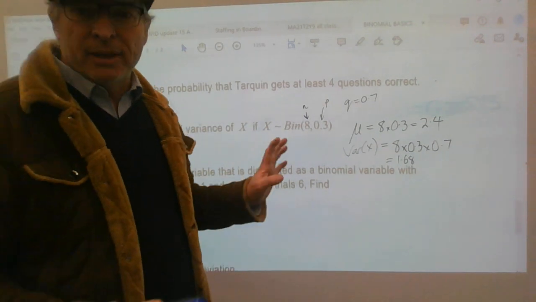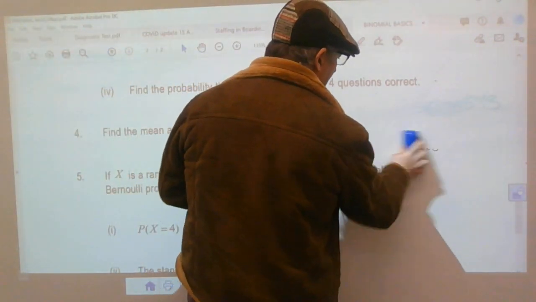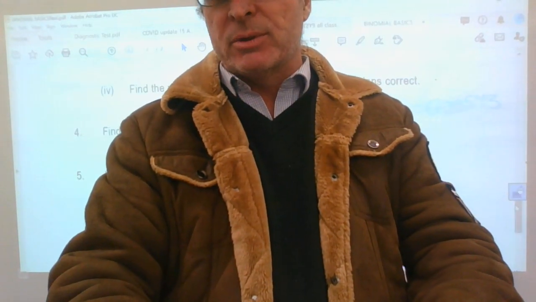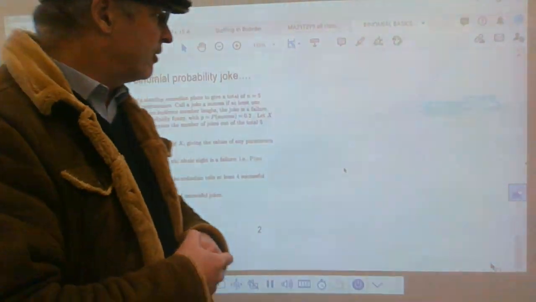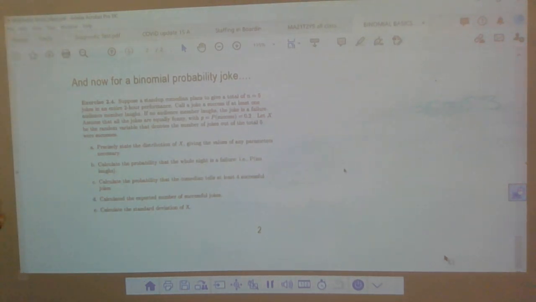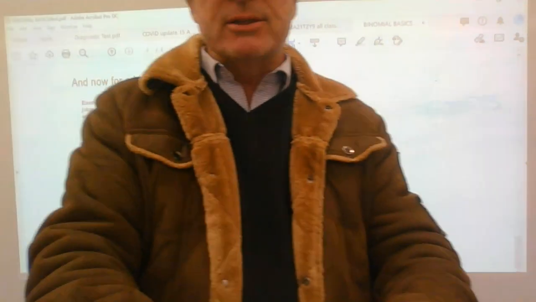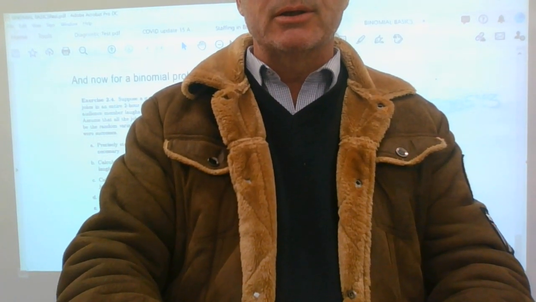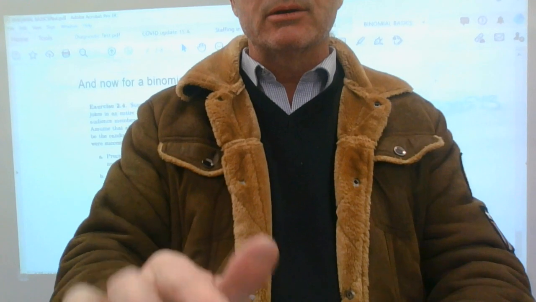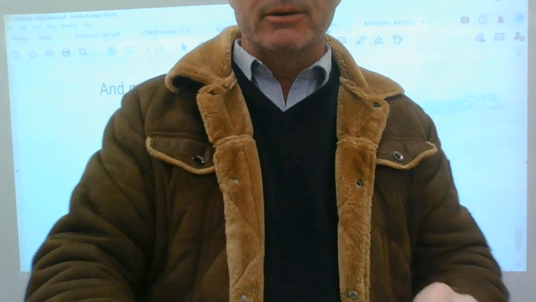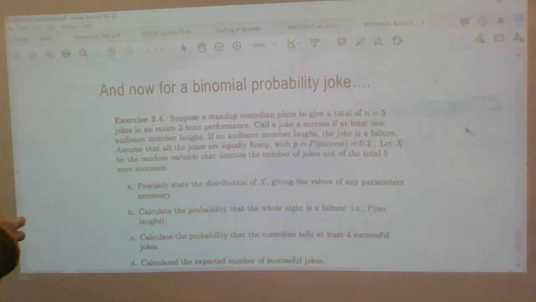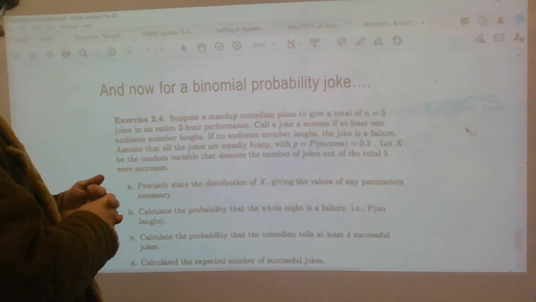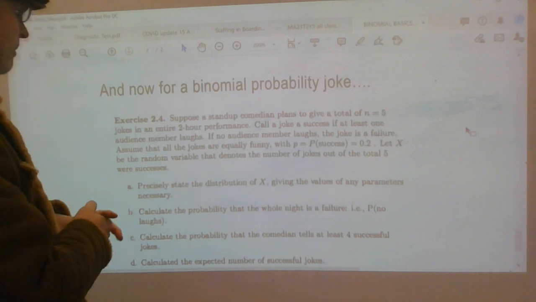Finally, those are formulas you should know and be able to work with. Finally, we'll have a look at the last question, which is a binomial probability joke. So maybe I can increase the size of that so we can see it a bit better on the page. Suppose a stand-up comedian plans to give a total of n equals 5 jokes in an entire 2-hour performance.